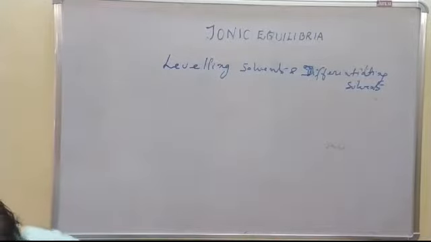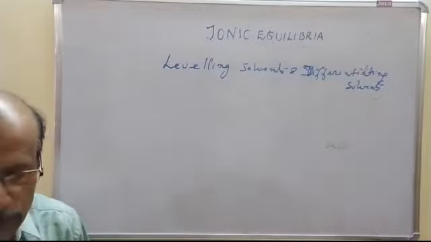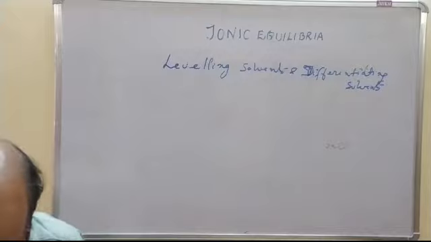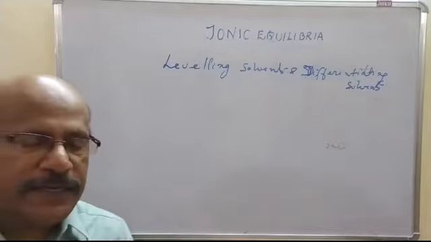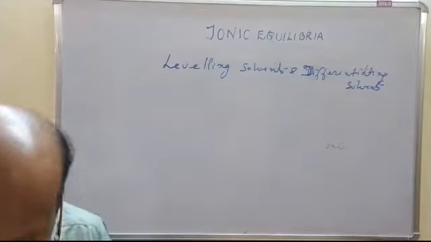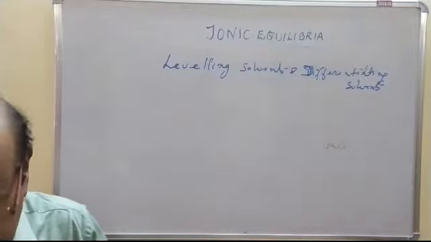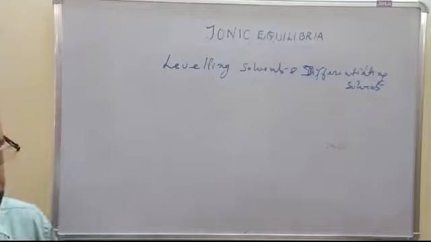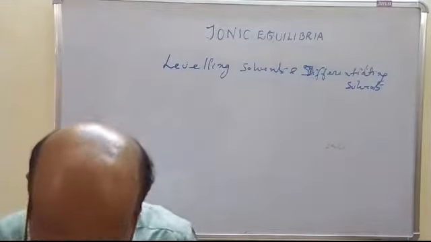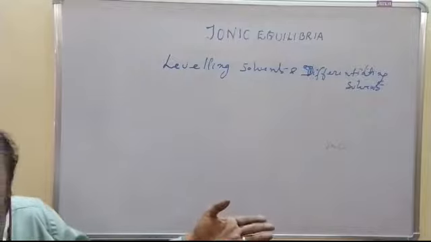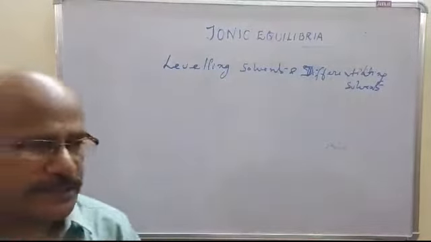That is the definition. A solvent whose proton accepting tendency is such that different acids ionize to the same extent and appear equally strong is said to be a leveling solvent, and this phenomenon is called leveling off.